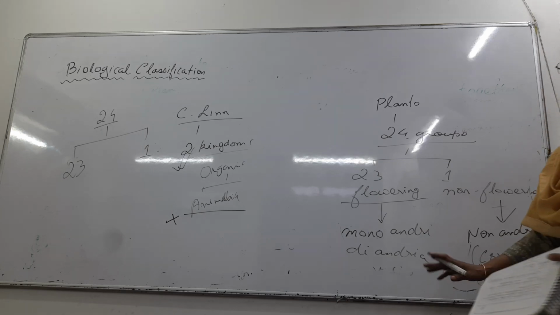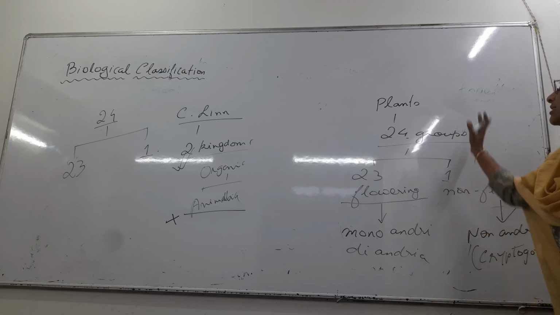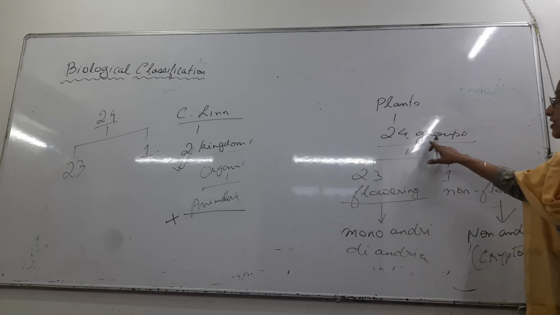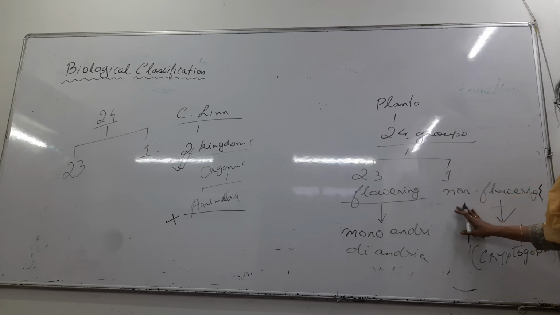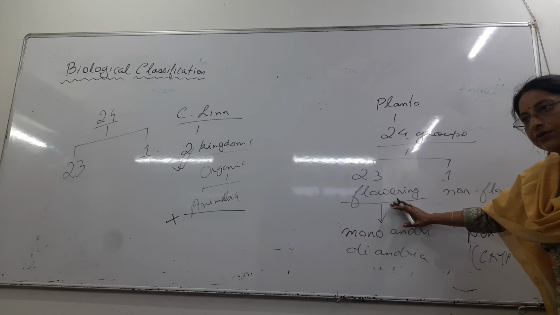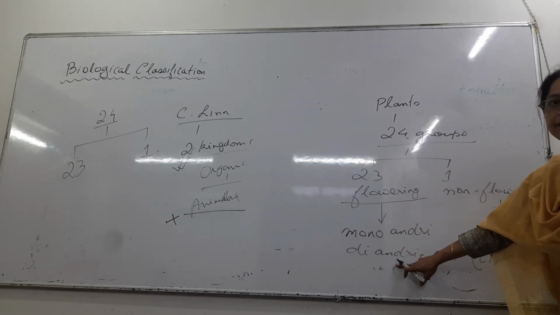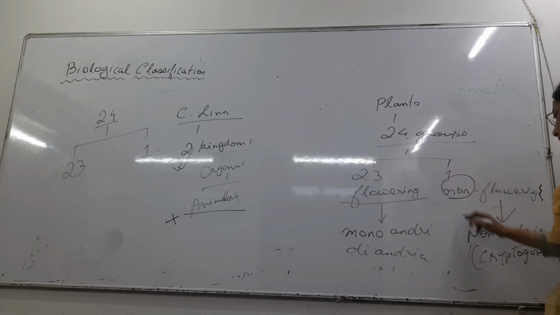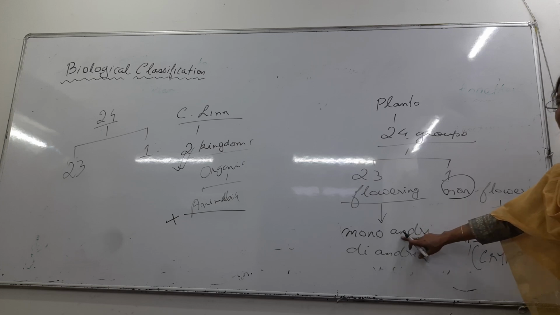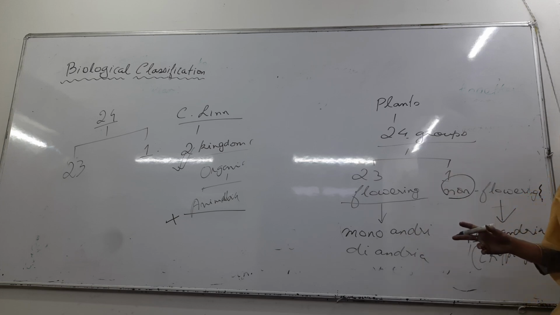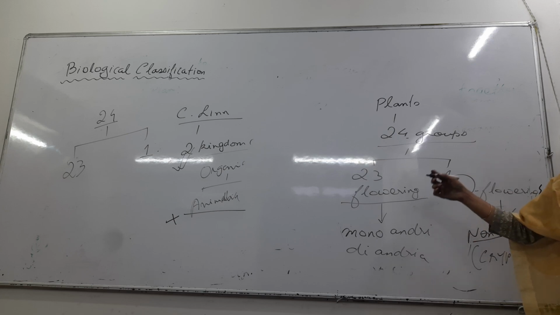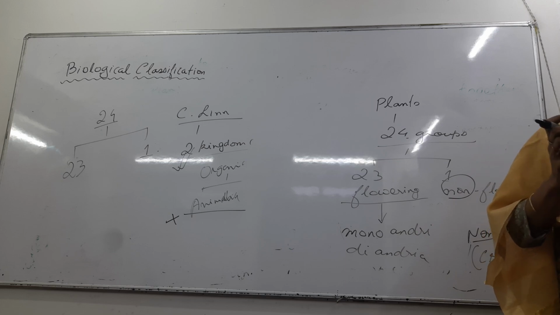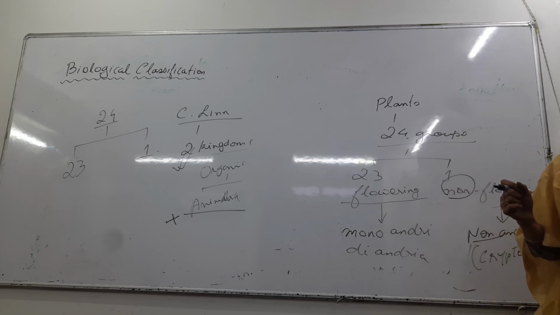So this is the classification that he has given. Plants were classified into these 24 groups on the basis of whether flowers are present or not. 23 groups had flowers and were named as such, and those without flowers we called non-andria. Andria is a short form of androecium. Whenever we talk about a flower, what do you understand? A flower is a condensed reproductive shoot.